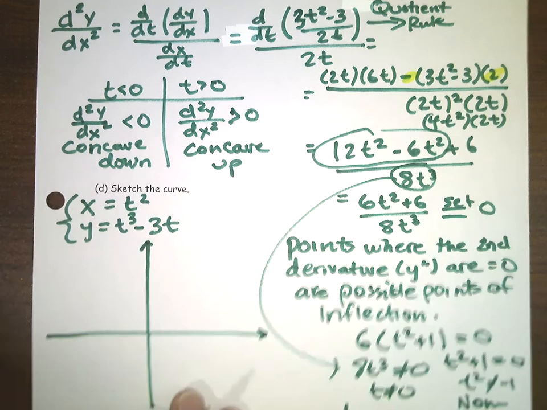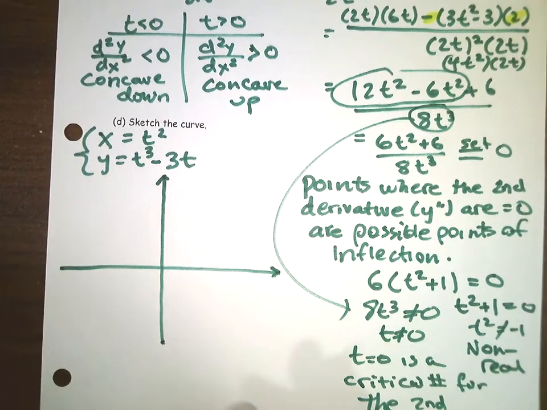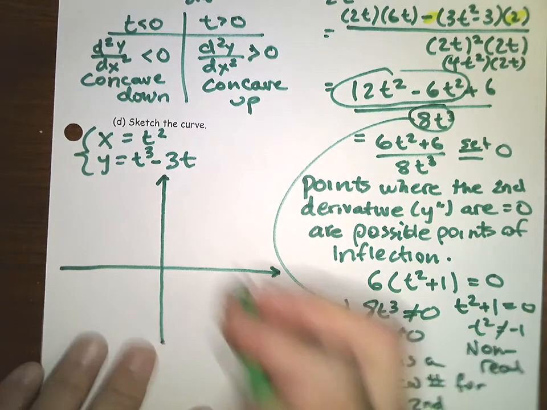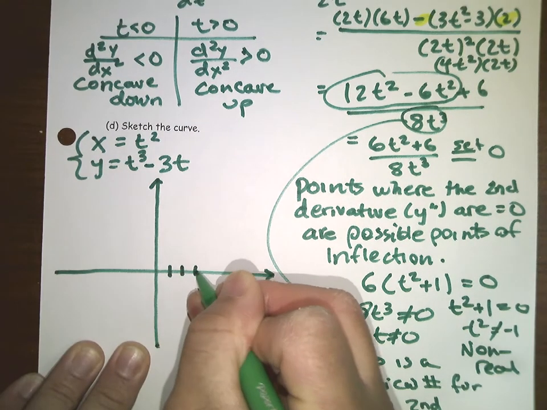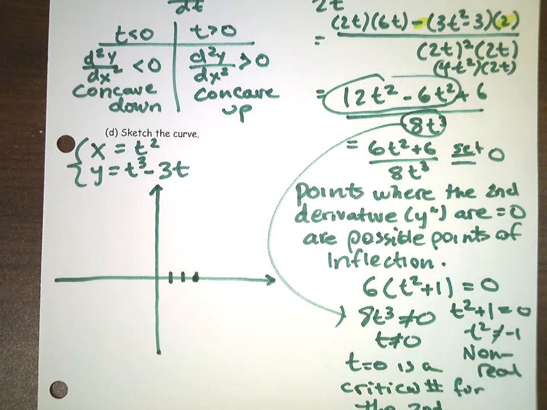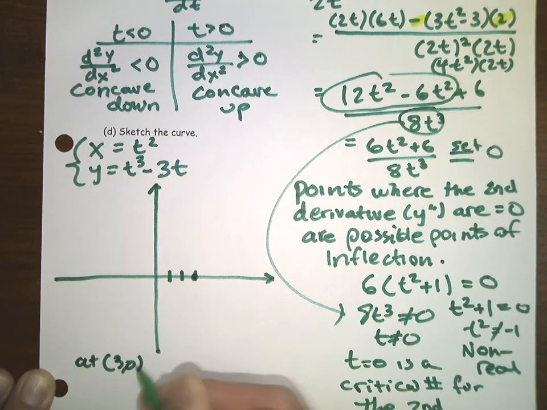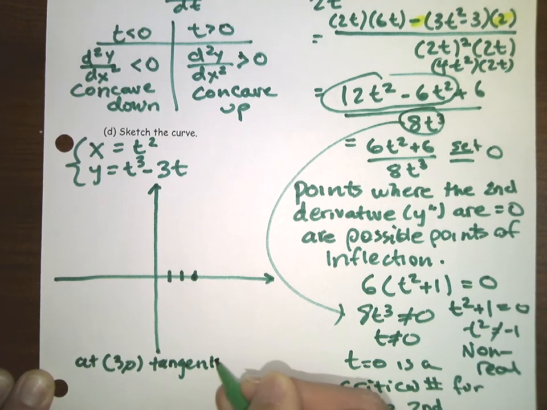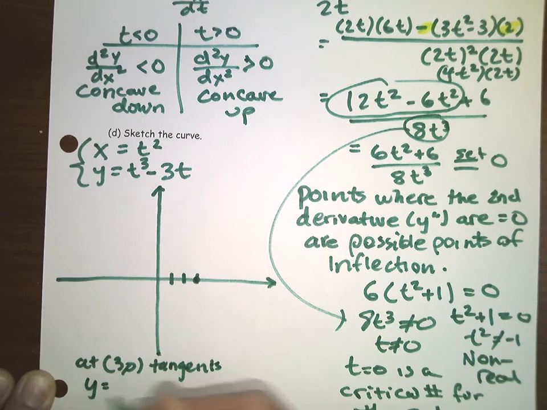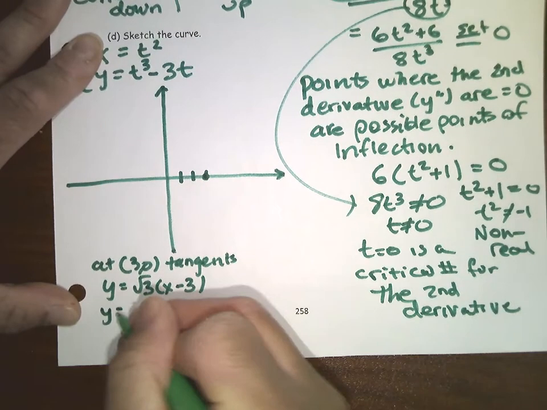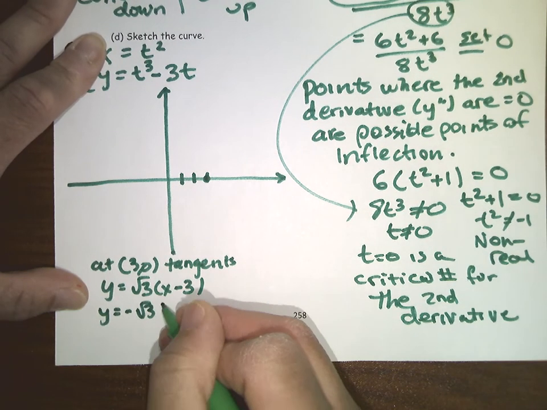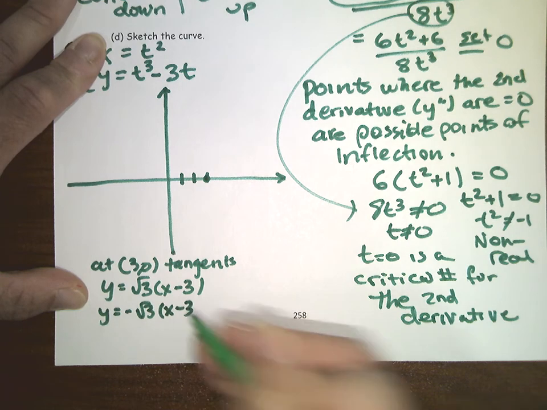So remember that at (3, 0) there was a tangent line, and the tangents were y is equal to square root of 3 times (x minus 3), and y is equal to negative square root of 3 times (x minus 3).